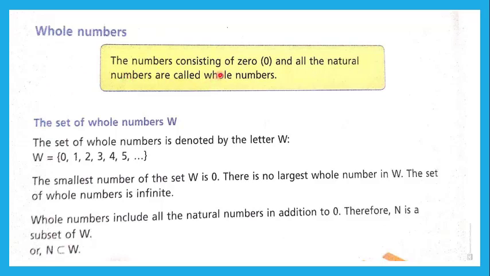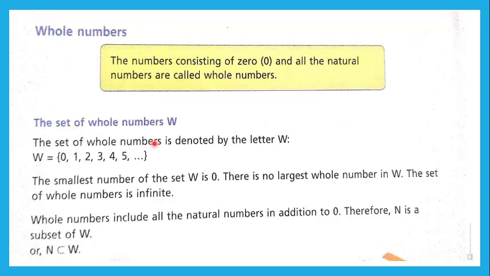So the numbers consisting of 0 and all the natural numbers are called whole numbers. The whole number is actually a bigger set. Whole numbers start from 0 and then go to 1, 2, 3, 4, 5 and so on.